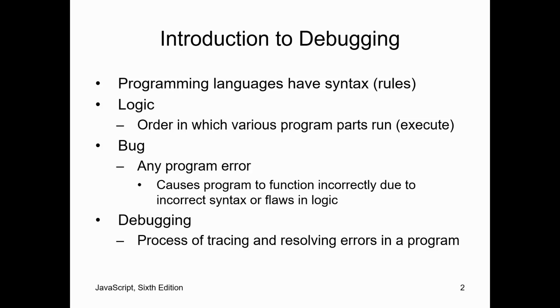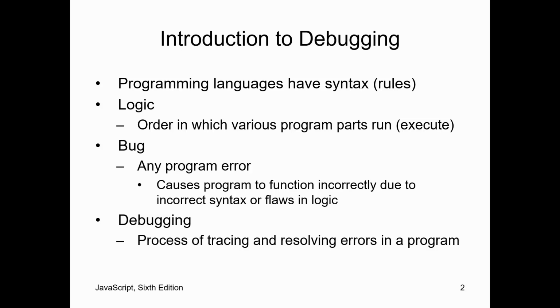She got to a certain point where she was taking apart the computer in the back, and she found out when she pulled out part of the computer that there was a moth stuck in there, and there were certain connections that weren't being allowed to be made. I believe it was a dead moth. She pulled the moth out, put the part back in, put the computer all back together, ran her program, and it worked. What you just heard is basically a true story, and it's the story of the first computer bug.